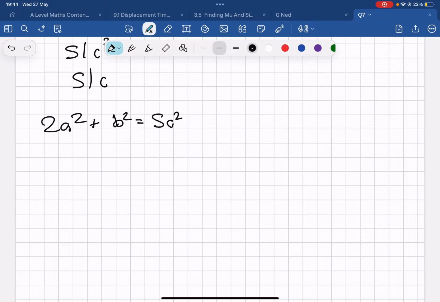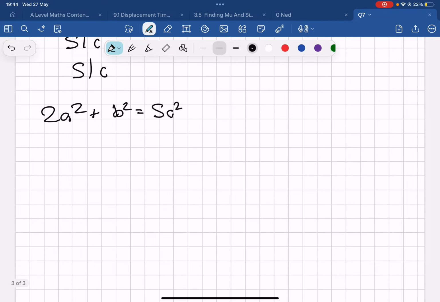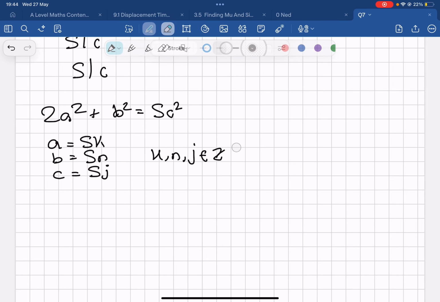So let's go ahead and substitute a equals 5k, b equals 5n, and let's say c equals 5j, where k, n, and j are integers.